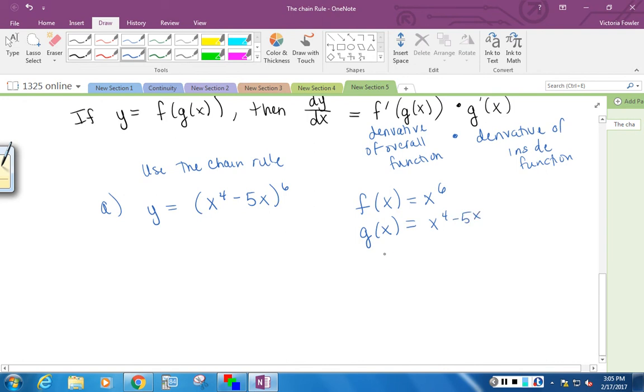So if I asked you to find f composite g, that would be doing f of g of x, as we did a moment ago, and that would be saying everywhere there's an x in f, I would replace it with the quantity x to the 4th minus 5x. And you'll see that's exactly what we've done. We've gone to this function f, and I replaced x with the quantity x to the 4th minus 5x.